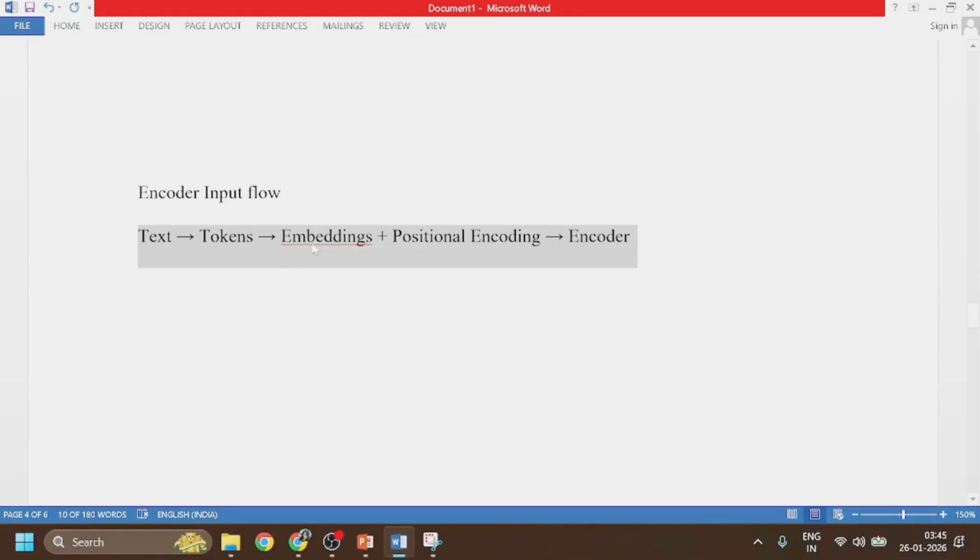Each token is converted into an embedding, and then positional encoding is added so the model knows the word order. This combined representation is the input to the encoder. So first you take one sentence, then perform tokenization, and after this you do embedding and add positional encoding, and it will pass to the encoder.